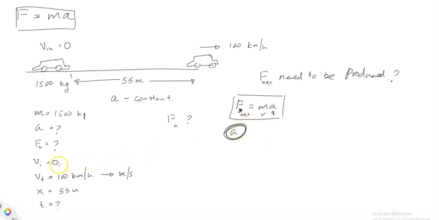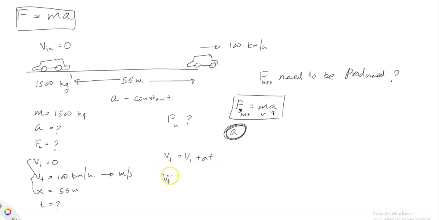Now look at the other information we have. We have all this: starting velocity, final velocity, the distance traveled. So if you go back, if you recall the kinematic equations, we talked about 3 equations. The first one is V final equals V initial plus AT.